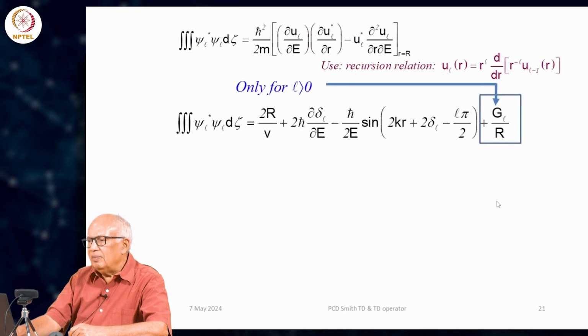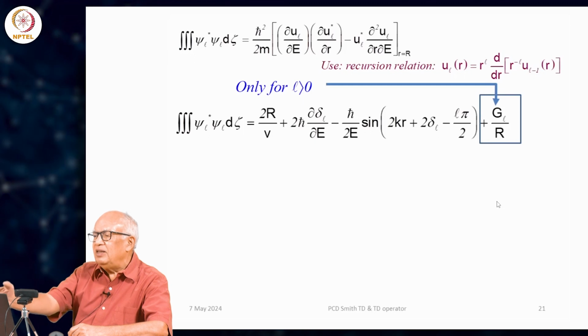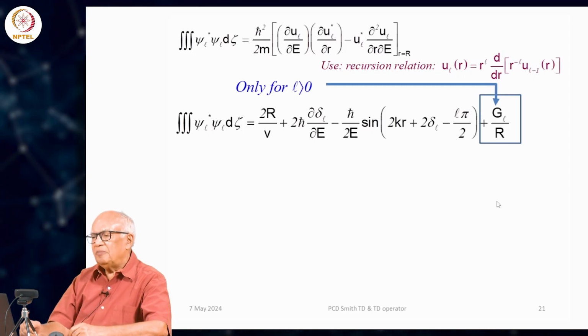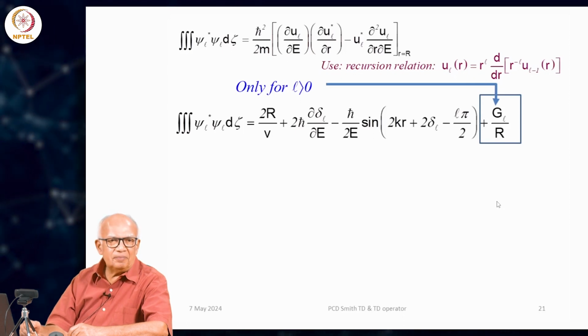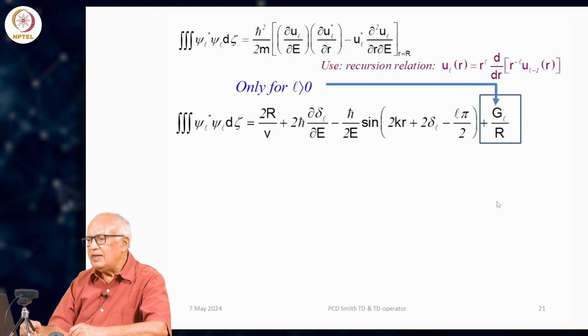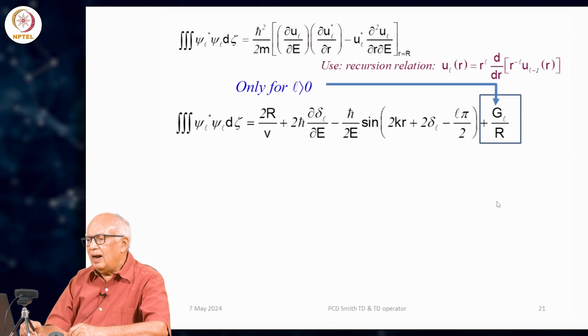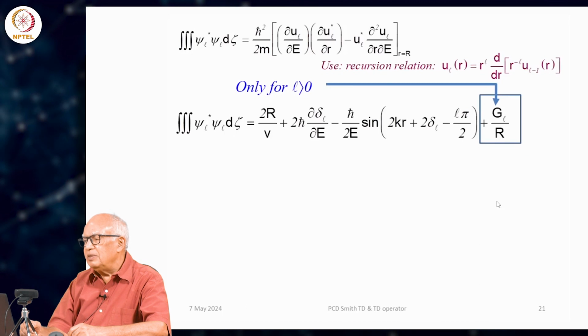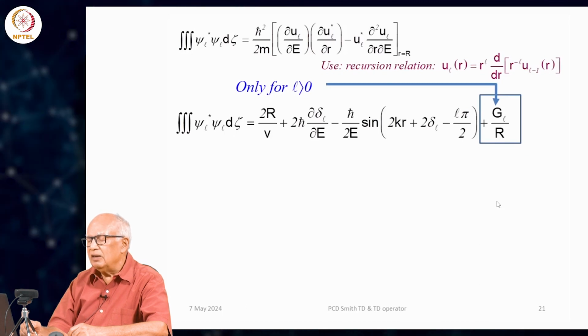And this integral, if you plug in all these recursion relations and so on, you get this density, you get the integral of the density, and it turns out to be what is given in this equation. The last term is important only for L greater than 0.